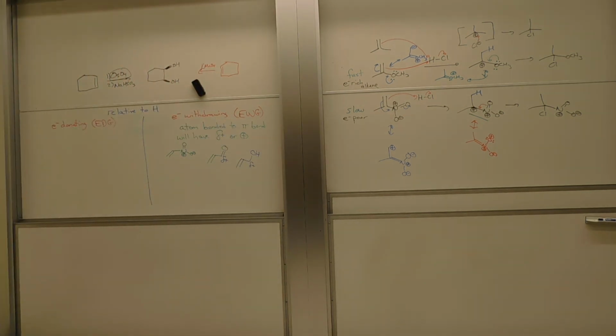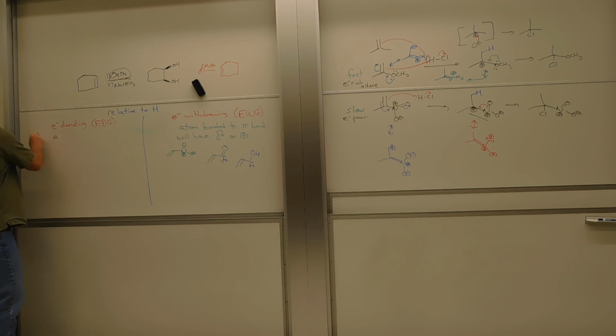So then for electron donating, would that be partial negative or negative? Yeah, so for an electron donating group, this is for the strong ones.